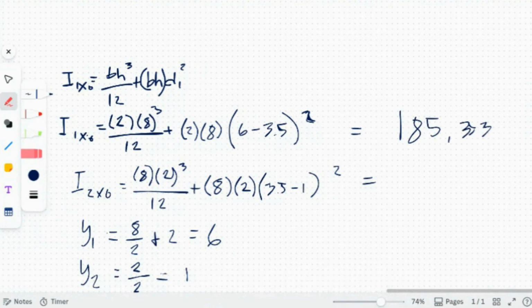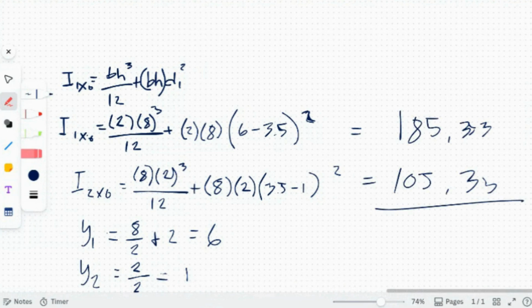Now the other one is 8 times 2 cubed over 12 plus 8 times 2 times quantity 3.5 minus 1 squared. That's 105.33.